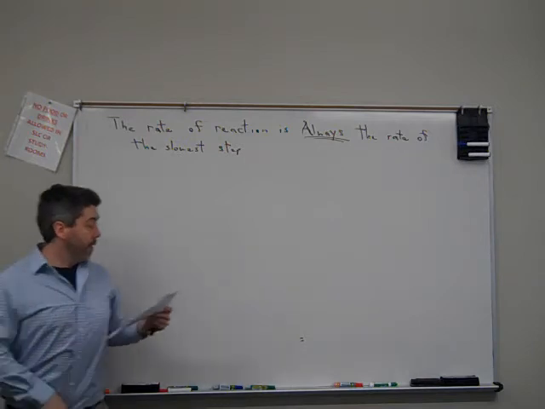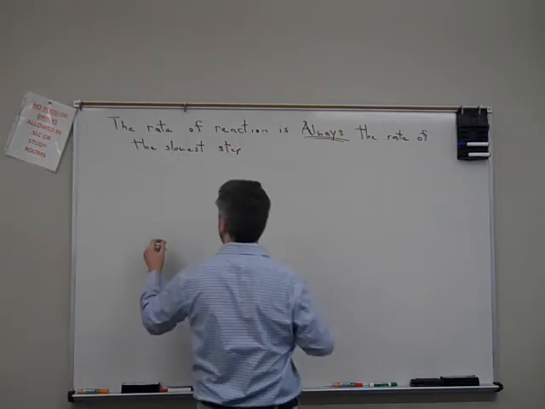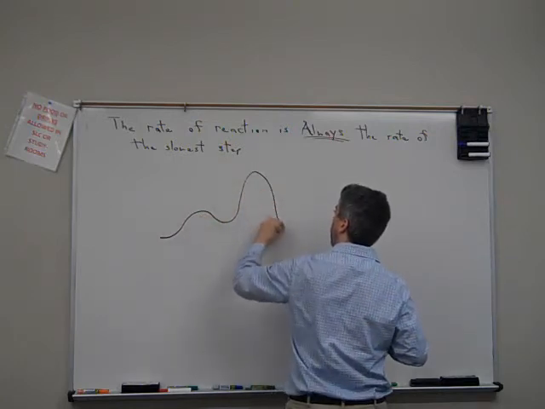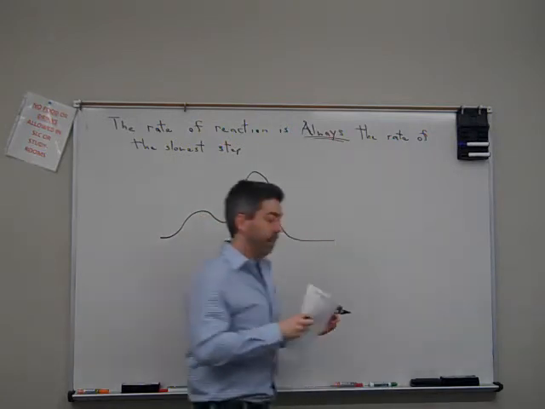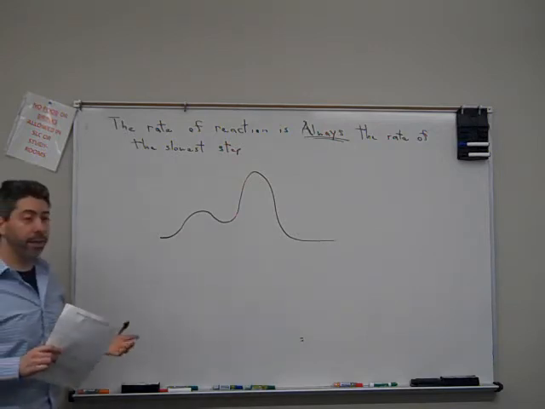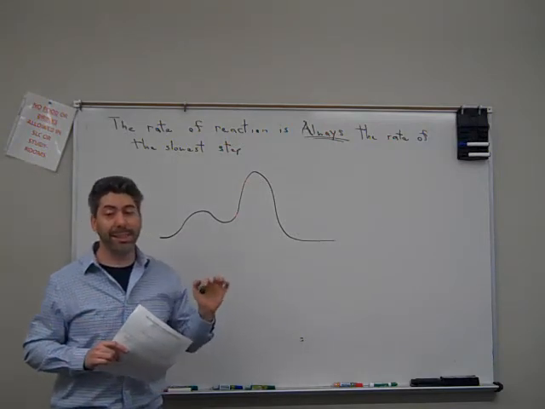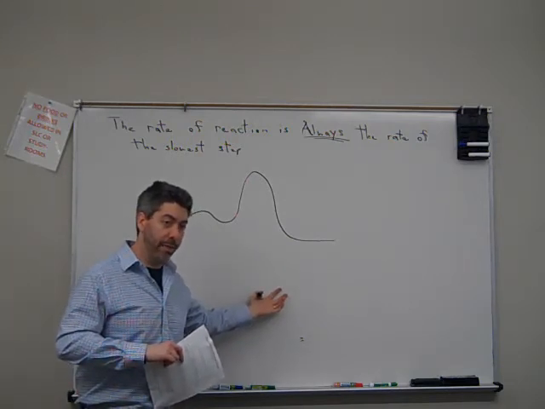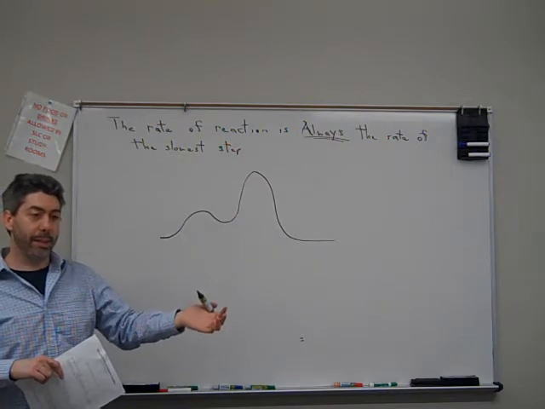Now, an intermediate is something that is formed in the process of a reaction, but then reacts to help form the product. So it's not something that's present initially, but it's something that's formed after one step, and then it's used up in the second step.